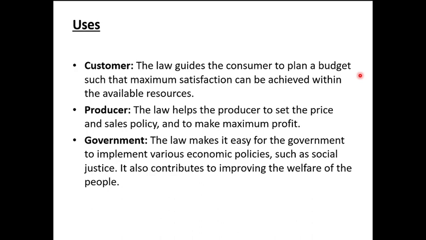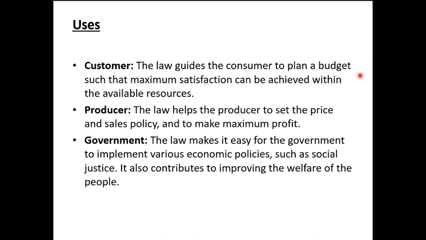And at the same time, the law of diminishing marginal utility also helps the producer, especially in setting the price of the commodity, deciding a sales policy and grabbing maximum profit.